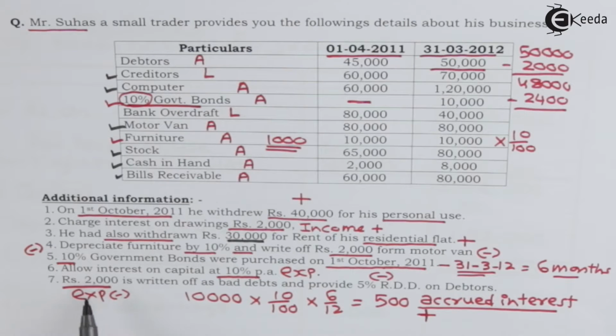Next income we have 10% government bonds which were purchased on 1st October. So 6 months have lapsed since purchase. So we are required to calculate 6 months accrued interest on government bonds. That we have calculated here, it is 500. This is income receivable. This will be added.